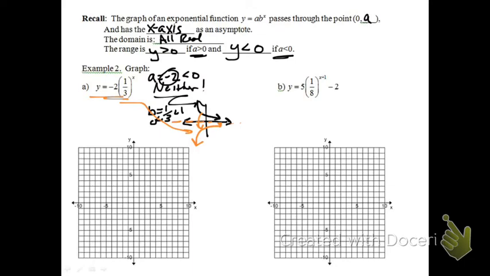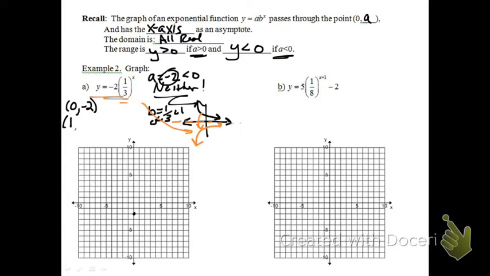Let's graph this. I'm going to plot a few points. If we plug in 0, we'd get 1/3 to the 0, which is 1, and we would get an output of -2. So I'm going to plot (0, -2) right there. If I plug in 1, let me write it over here.